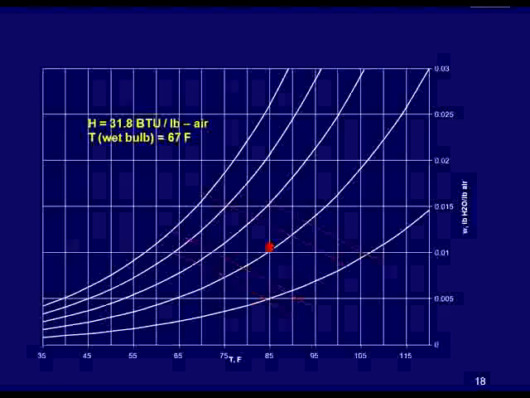And so if you read this off, and I suggest you stop now, take the point that we defined, and find the enthalpy, you'll find it's pretty close to 31.8 BTUs per pound of air. Go ahead and use your English units table. And that the wet bulb temperature is approximately 67 degrees.